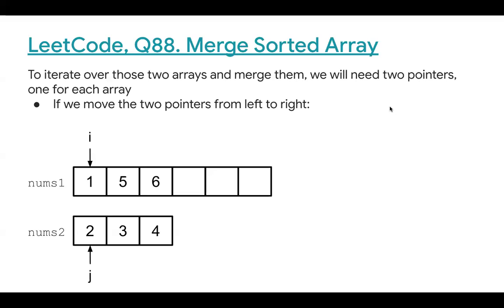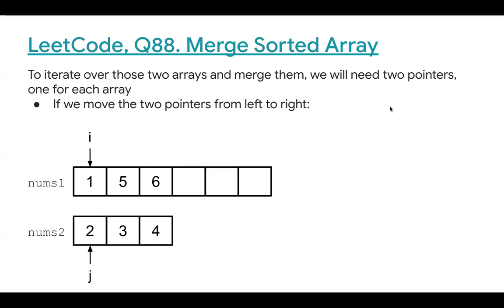Because we have to compare the elements and see which one is larger, which one is smaller. So when we merge them, we can ensure that the resulting array is also sorted, right? Which means we will need at least 2 pointers. So one pointer loops over one array, so we can loop over all the elements and compare them.